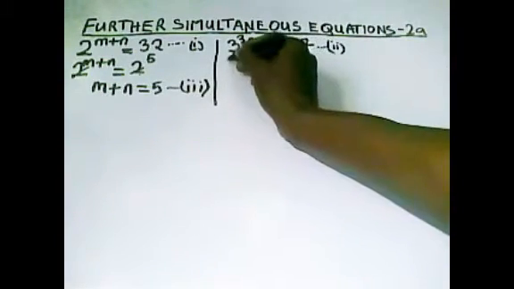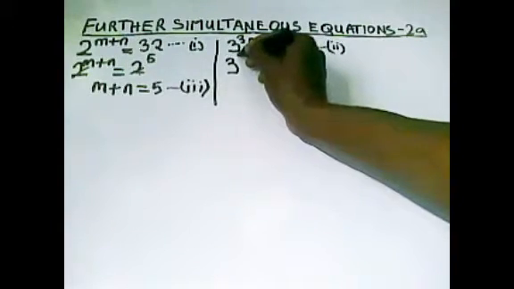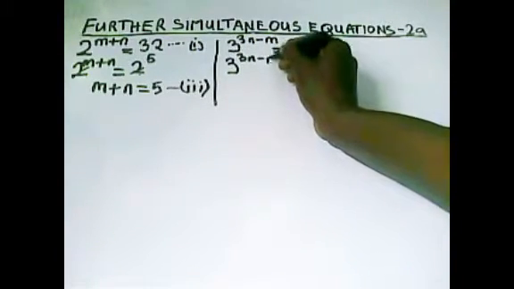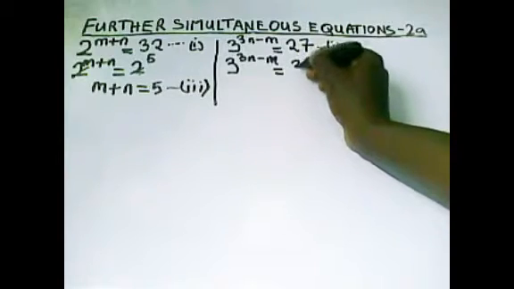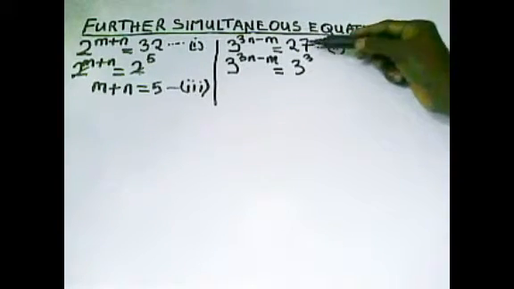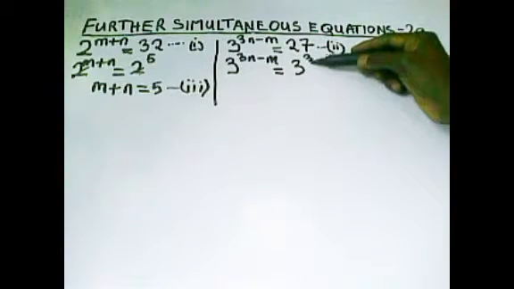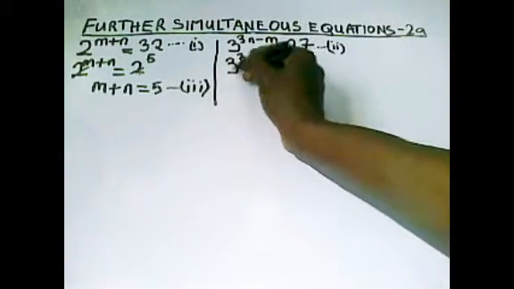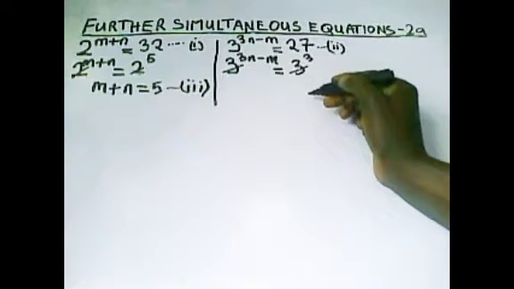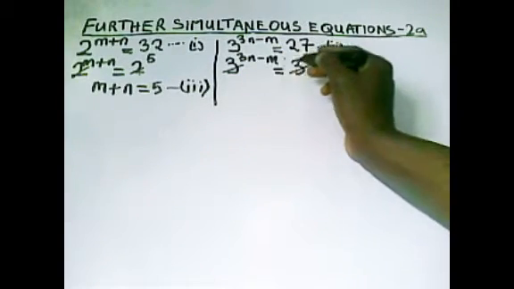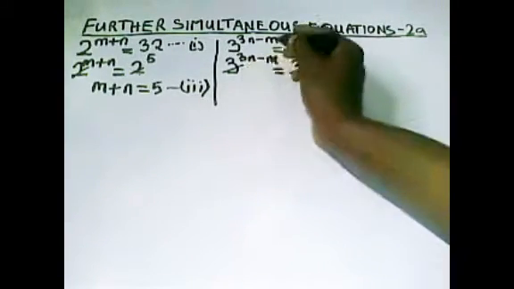Therefore, we can rewrite this expression as 3 power 3n minus m equals 3 power 3. So we have replaced the 27 with 3 power what? 3. So this 3 will strike out this 3. All right, so we can equate the powers, but when we are equating the powers, please be mindful.